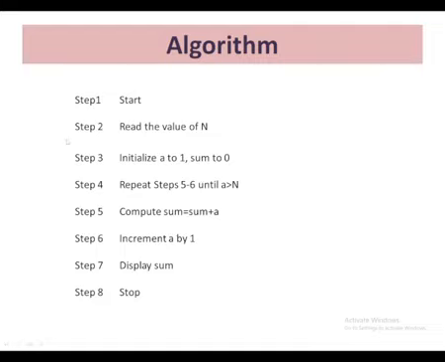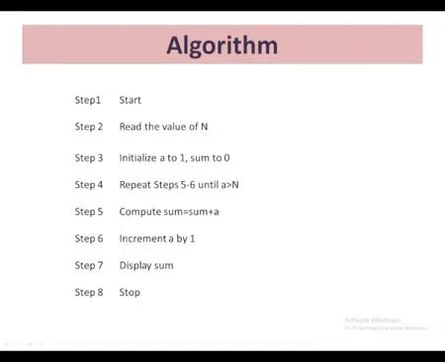Now, you look at here, step 2 is reading the value of n, step 3 is initializing a to 1 and sum to 0, and step 4 is you have to repeat something until a is greater than n, which means that it will just check whether a is greater than n or not. If it is not, then it will do steps 5 and 6.